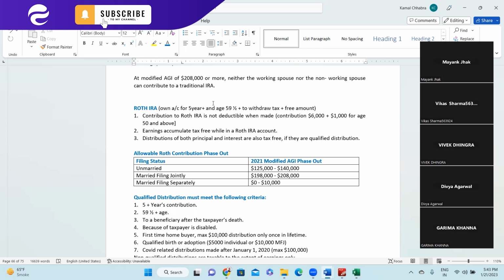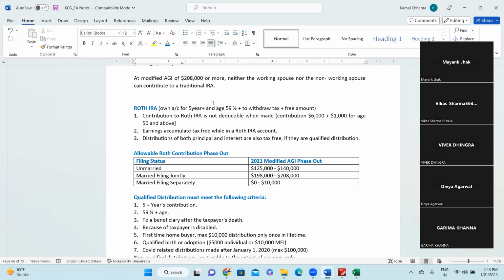What is a qualified distribution? We'll also understand that. But before that, let's understand the allowable Roth contribution phase out. In the Roth IRA, people can make contributions, but again, there is a phase out limit. The phase out limit for unmarried is $125,000 to $140,000.